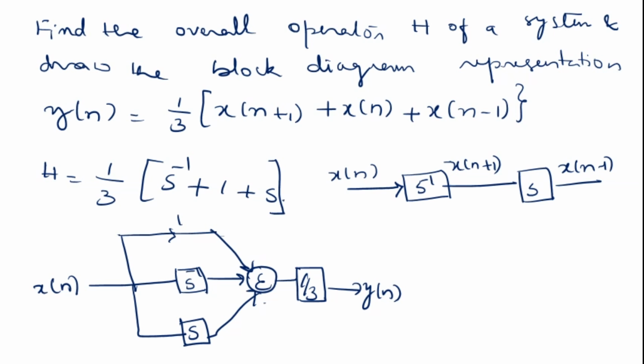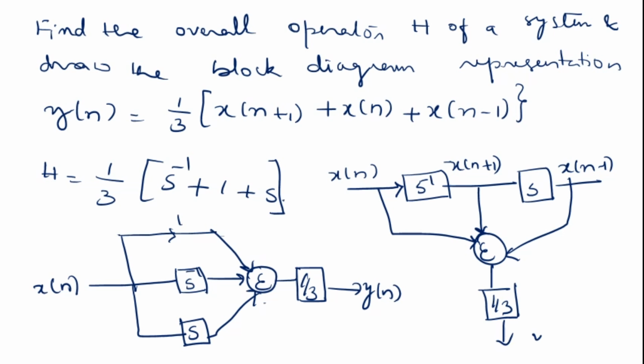I have to combine all the three. Then I have to multiply it by 1 by 3, which will give output y of n.